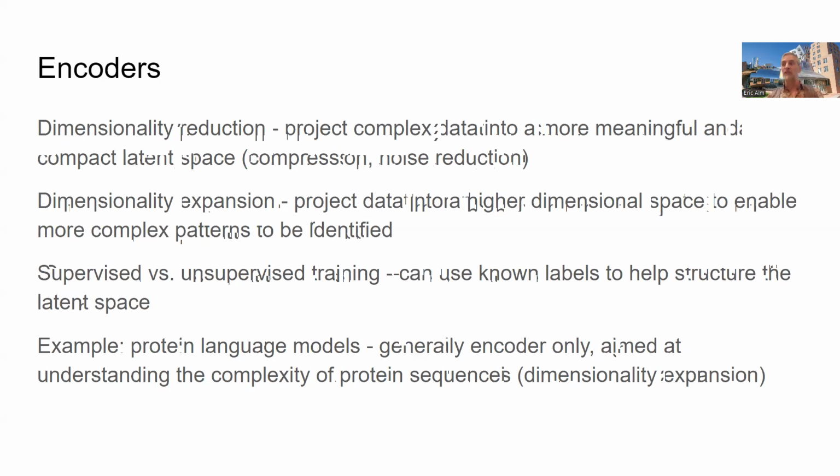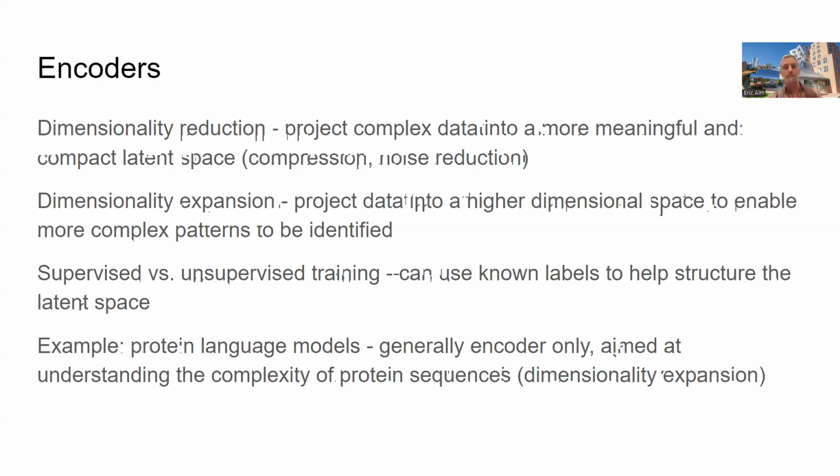And that information might allow us to make good guesses about properties of that sequence. An example would be ESMFold, which is like AlphaFold, but it takes a sequence in, puts it into the language model, adds a lot of additional information to that sequence, and by virtue of having that additional information, it can output a structure for the sequence.